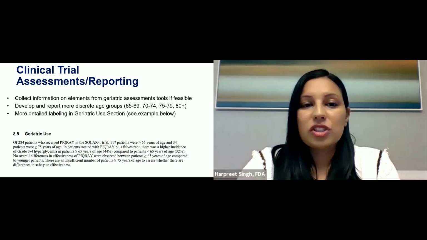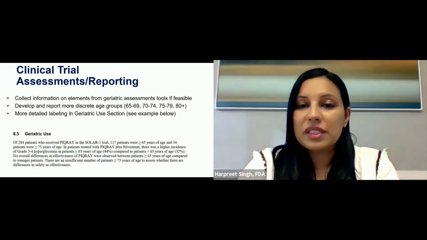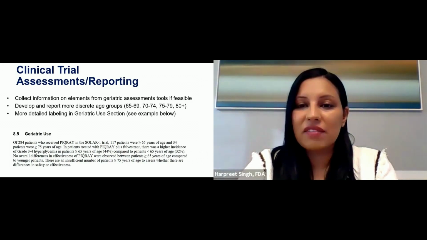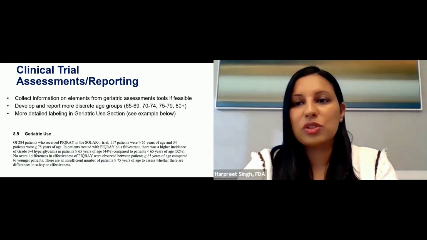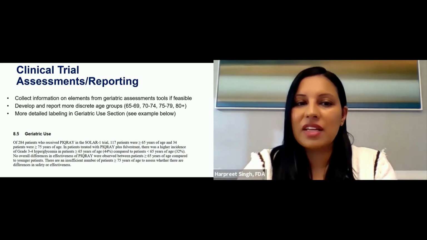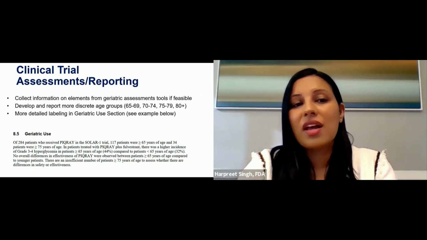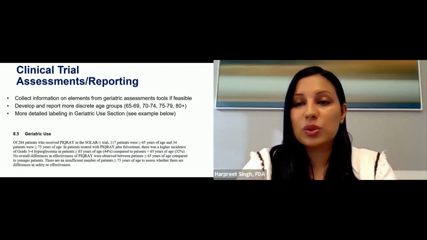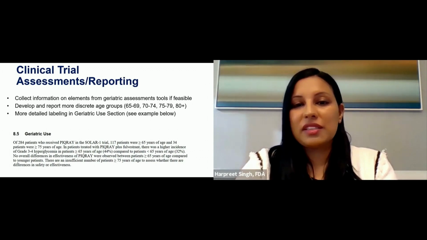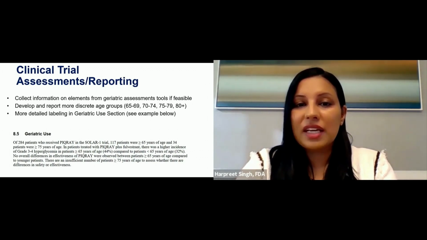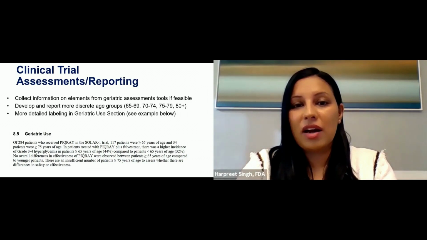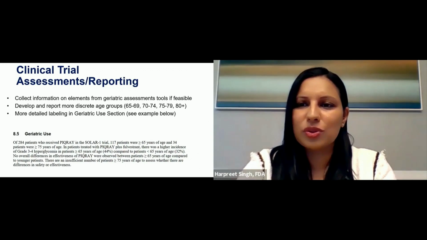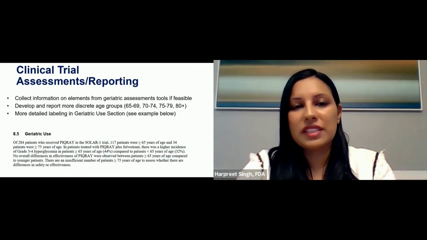Assessments and reporting should be developed and reported in more discrete age groups, such as 65 to 69, 70 to 74, etc., as opposed to just above and below 65, as this is not adequately informative. There should also be consideration for elements of geriatric assessment tools where feasible. There's a great deal of data on the value of this and certainly could be an additional component to ECOG performance status, which we know is a crude measure of functional assessment.